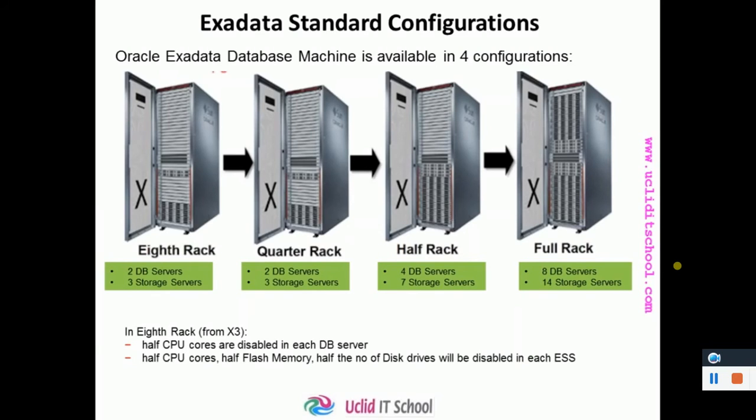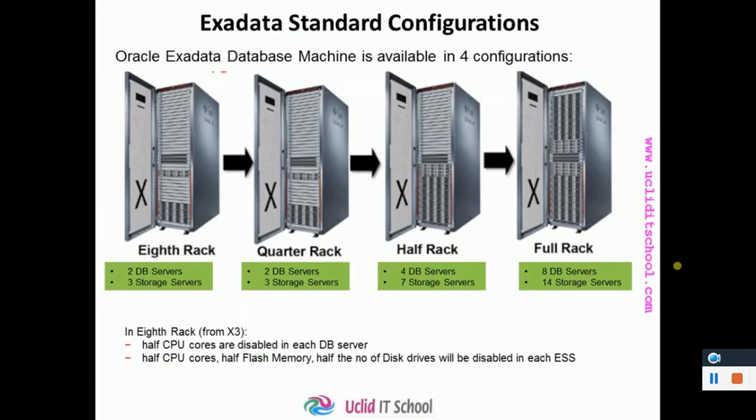Similarly, if you have 100 terabytes of storage in quarter rack, in 8th rack you will get half of that, 50 terabytes of storage. In terms of servers, both have the same number of servers, 2 database servers and 3 storage servers.